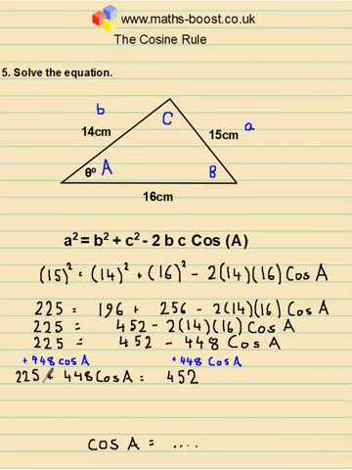Next, I can see this 225 is in the wrong place. So I'll undo that by subtracting 225 from both sides.